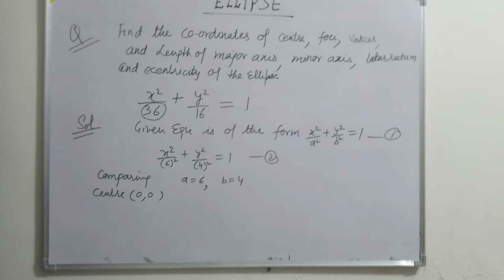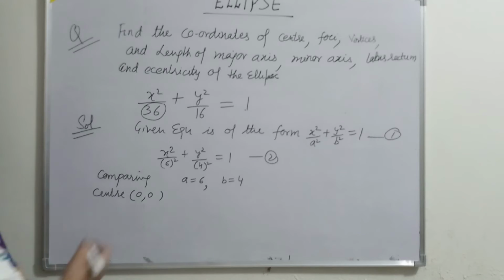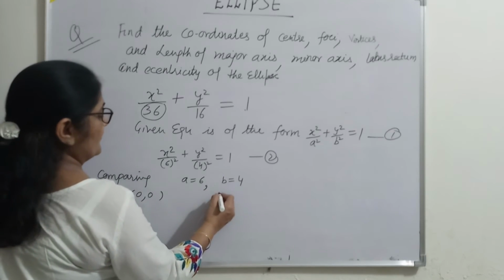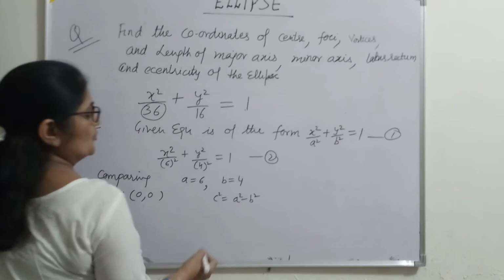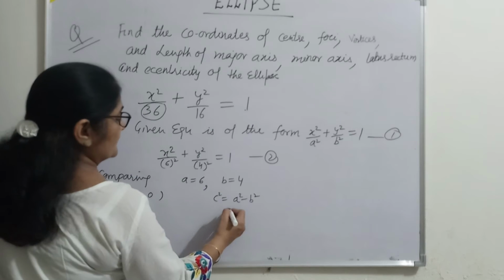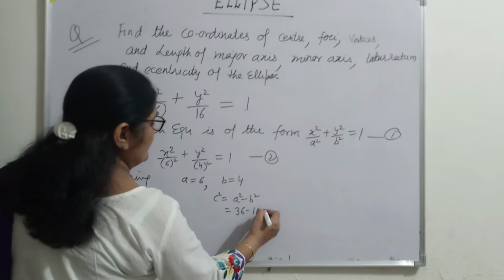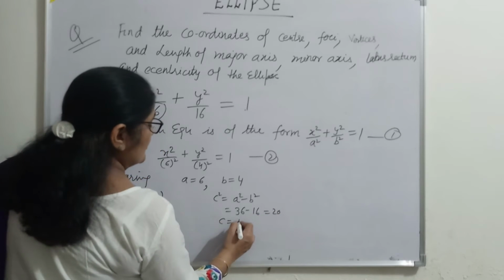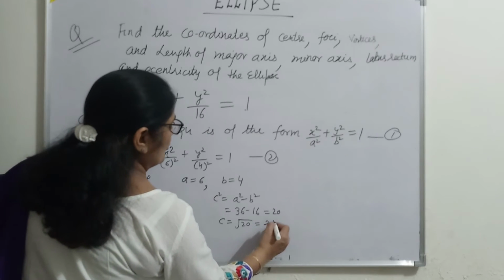Foci. To find the foci, what is required? C. A and B are given. The relationship between A, B and C: C square is equal to A square minus B square. A square is 36, B square is 16, so 20. So C is root of 20, or you can say 2 root 5.